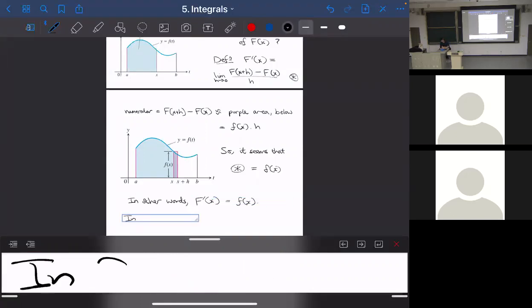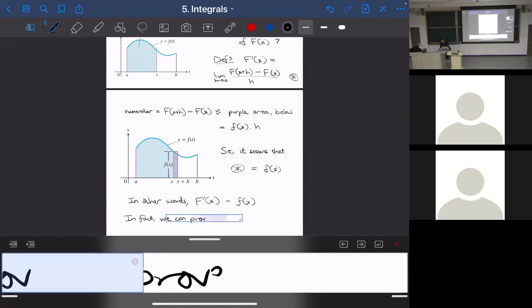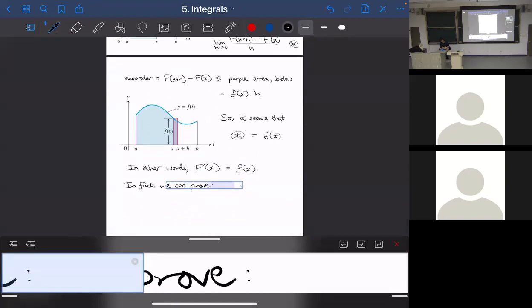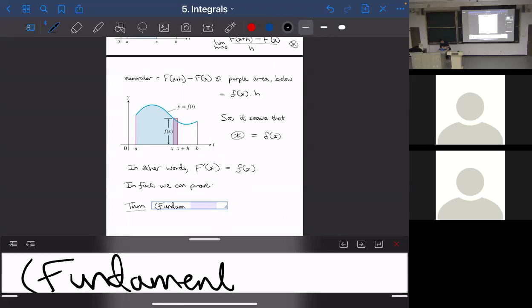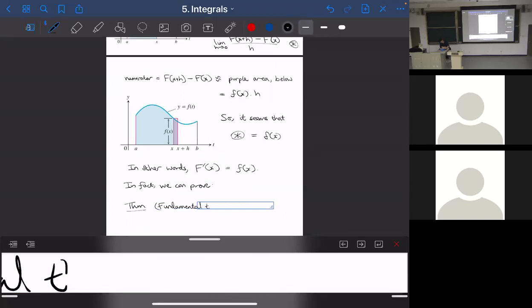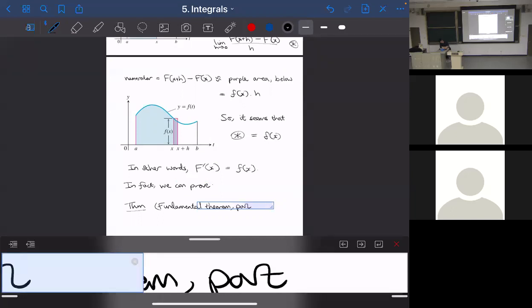So in fact, we can prove a theorem. So this is the fundamental theorem of calculus, part 1.